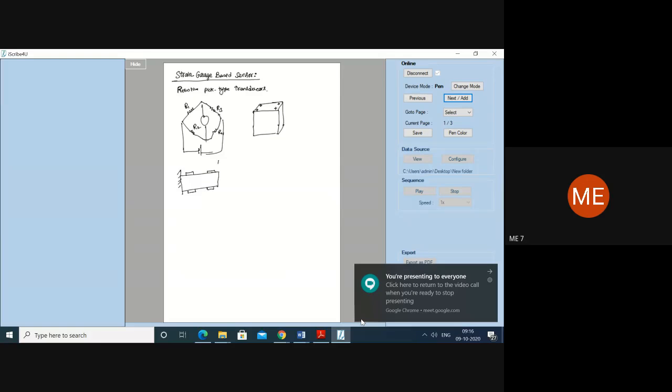Then you apply the load. When you apply the load, this load is picked up by the strain gauges and taken into the Wheatstone bridge, and the resistance of the strain gauges is going to change. When the resistance of the strain gauges changes, that will have an impact on the value of the voltage.